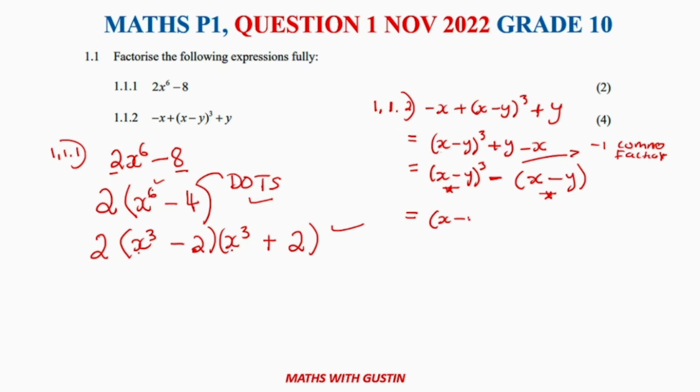Once you do that, you're going to have this big bracket where you're going to be left with x minus y squared, because we took 1 out as a common factor, minus 1. Therefore, close bracket. Can you see, guys? We took out a common factor here because we've got x minus y.